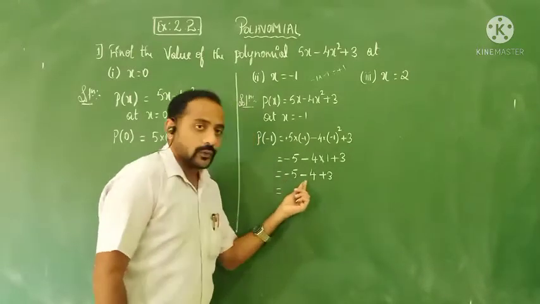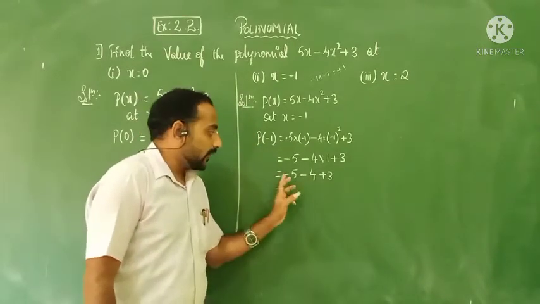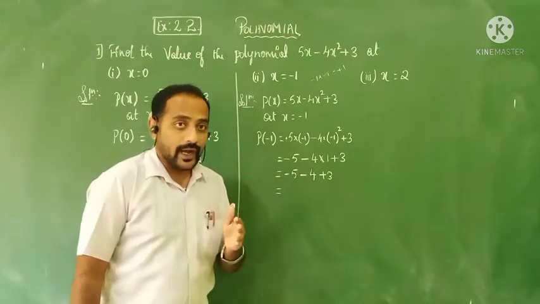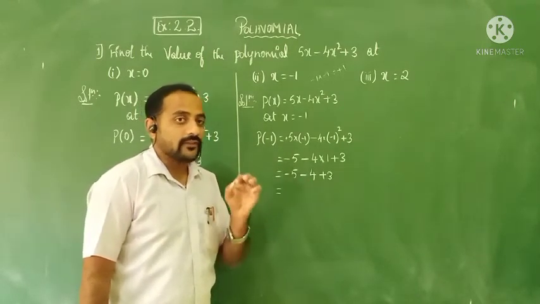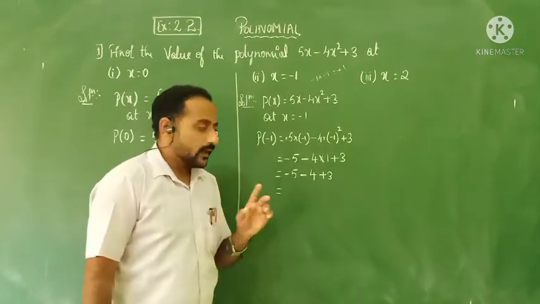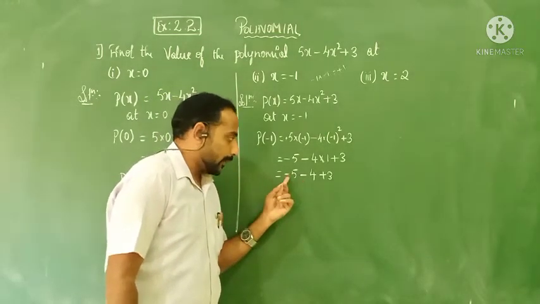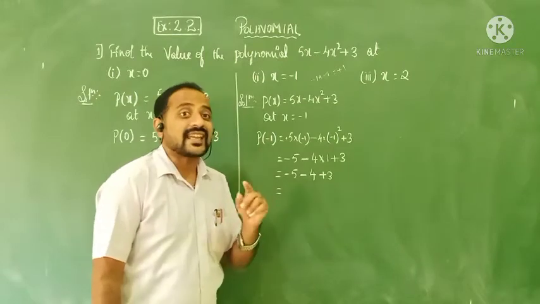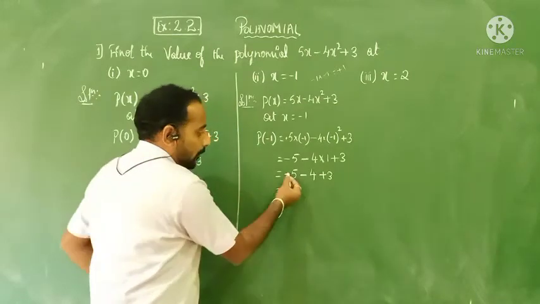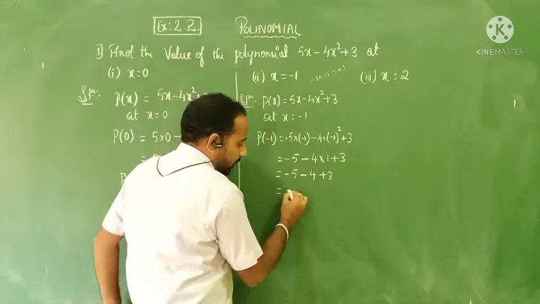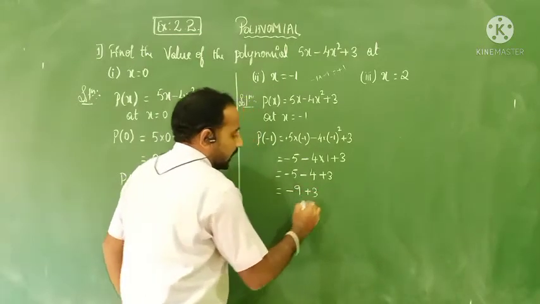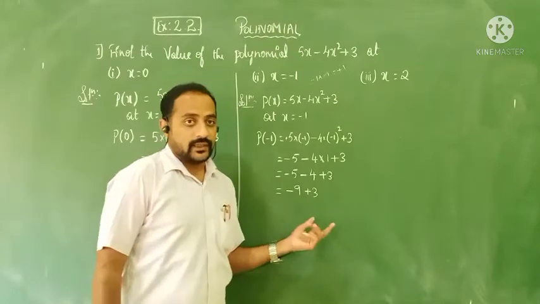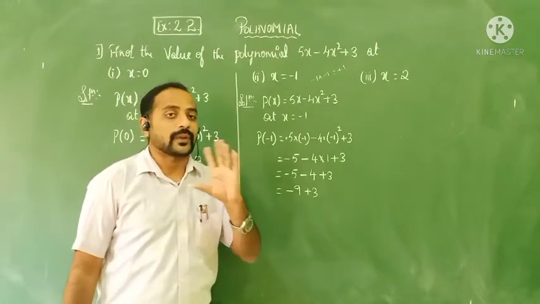Minus 5 minus 4. We have to add. Remember this. We have to add if we have the same sign, either plus and plus or minus and minus, with the same sign. So minus 5 minus 4 is minus 9, plus 3. If we get alternate signs, remember you should subtract.